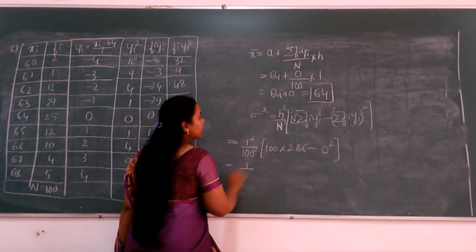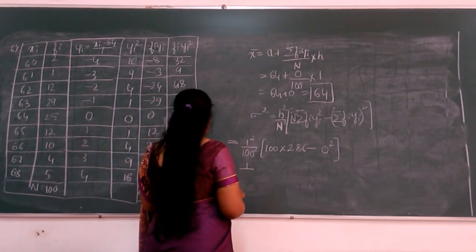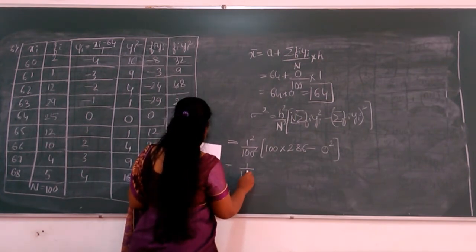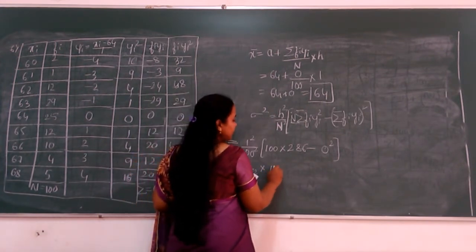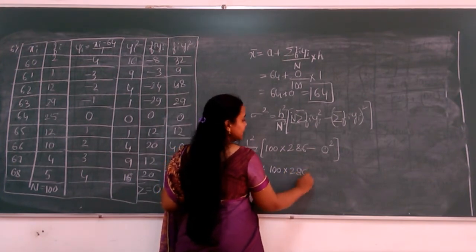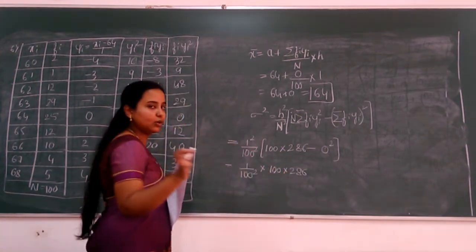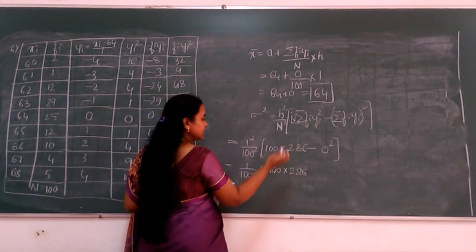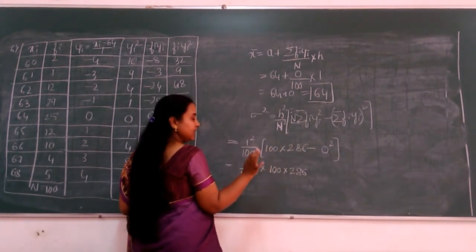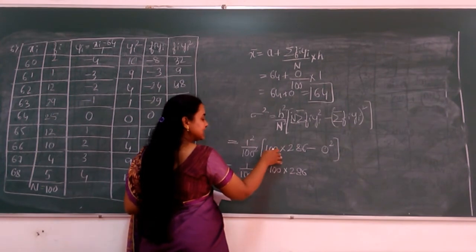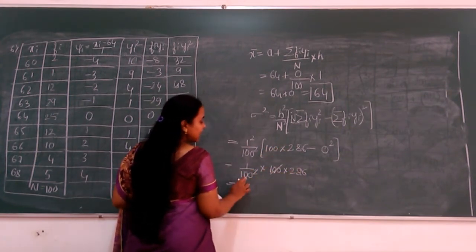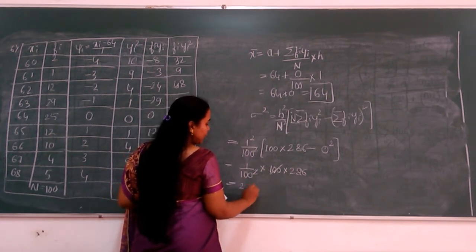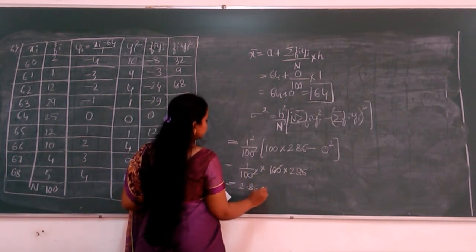Next, 100 square, you can just write it as it is, into 100 into 286 minus 0 square. 0 square is 0 itself. Anything minus 0 is the same value. Now 100 will get cancelled. So 286 divided by 100 will be 2.86, if I am not wrong.